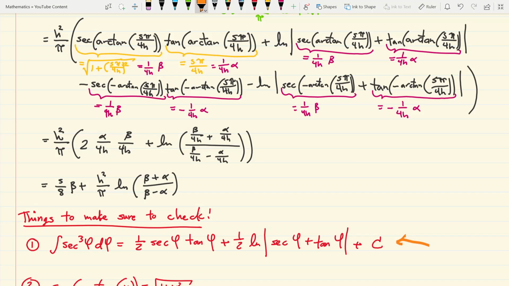And in terms of our substitutions, this is very simple. This is just 1 over 4h times beta. And likewise, tan of arctan, well, there it completely cancels, so it's just going to be the inside, which is 1 over 4h alpha. Likewise, you can check the other computations in purple. Again, recall, you can pull these minus signs out.